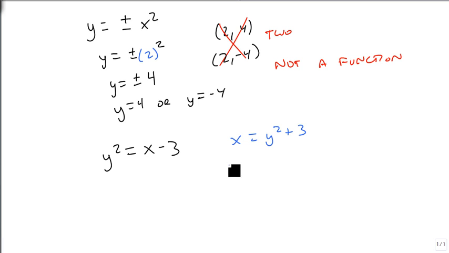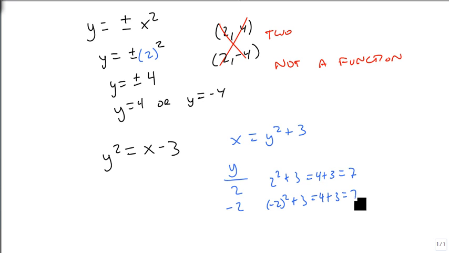And so if I pick y to be 2, and let's do minus 2, then we get 2 squared plus 3, which is 4 plus 3, which is 7, and minus 2 squared plus 3, which is 4 plus 3, which is 7. So I end up with a point 7, 2, and a point 7, minus 2. Again, 2 points, not a function, because the 7 can't be repeated.